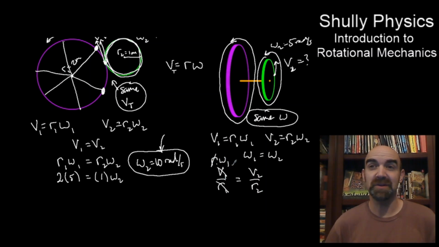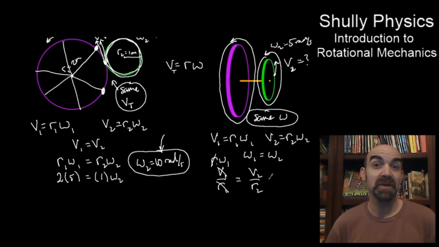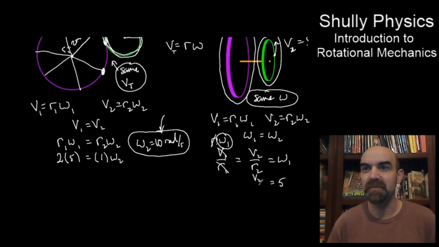What this is really telling us is that omega 2 is v2 divided by r2, and omega 2 is equal to omega 1. Then, if omega 1 is 5, then omega 2 is 5, and we can come up with the edge speed of that second one. r2 is 1 meter again, so our edge speed is 5 meters per second.